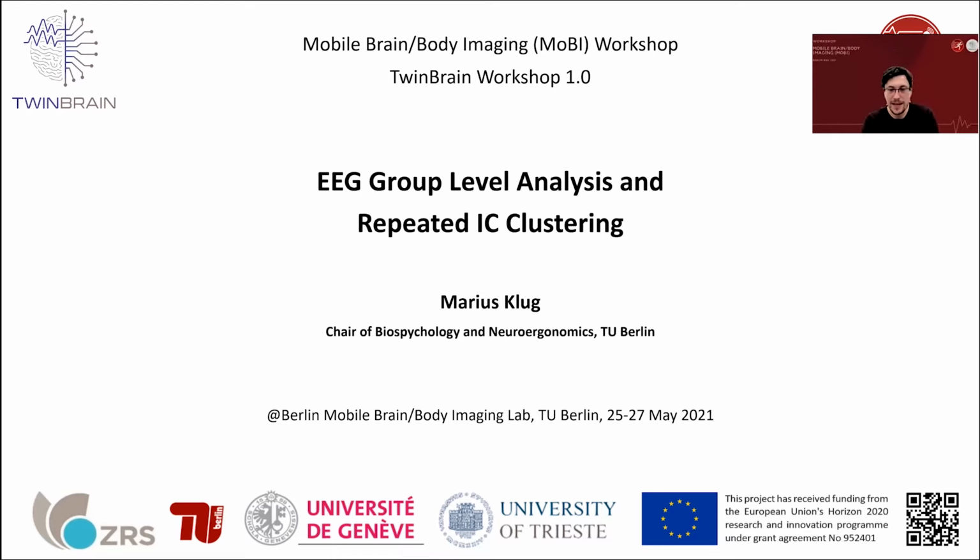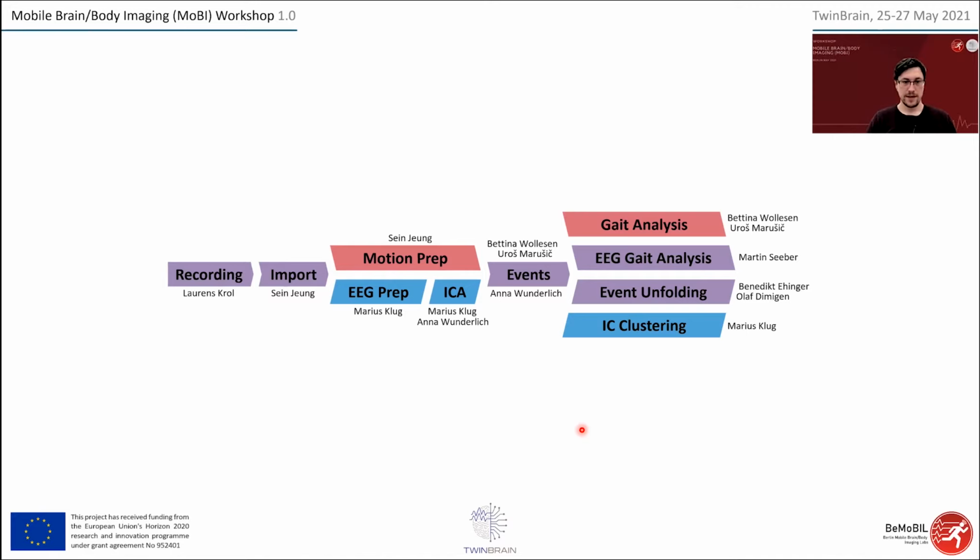I am going to talk in this session, the last hands-on session for today, about EEG group level analysis and especially repeated independent component clustering. If we have a look at the current state, we already passed the preparation and the ICA and now the events.